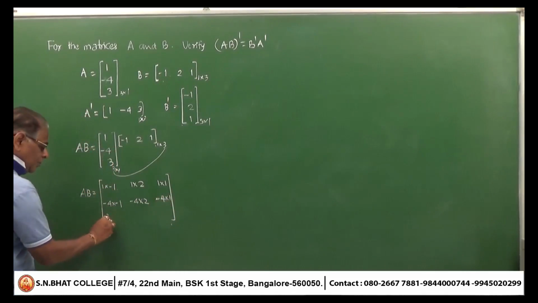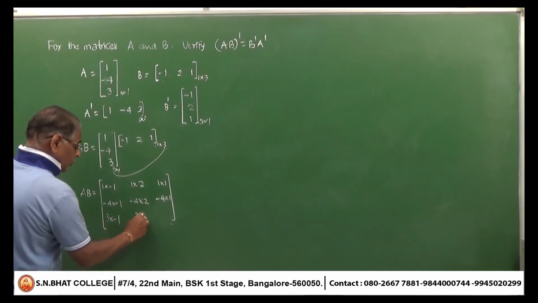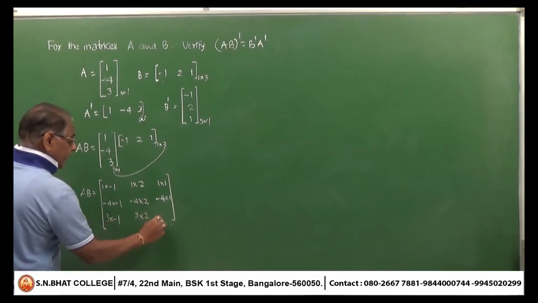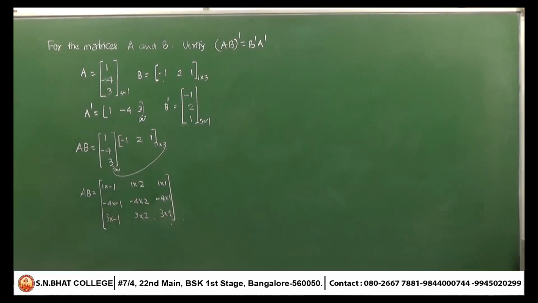Next, third row, first column: 3 into minus 1, 3 into 2, 3 into 1. First row with all 3 columns must be written in the first row, second row with all 3 columns in the second row, and third row with all 3 columns in the third row.